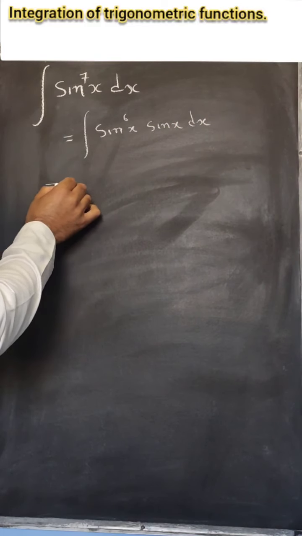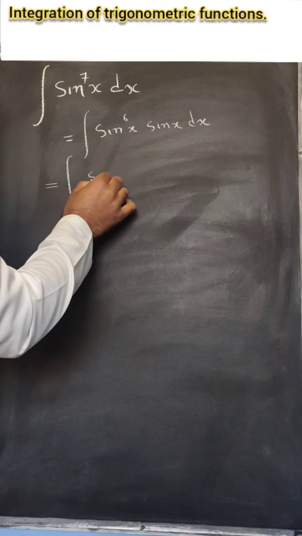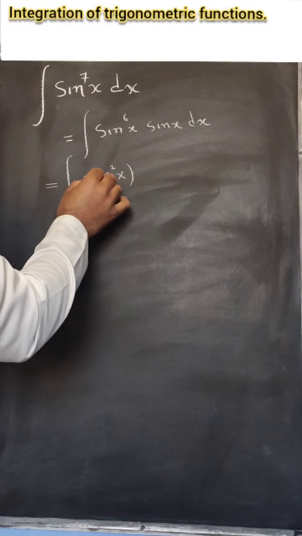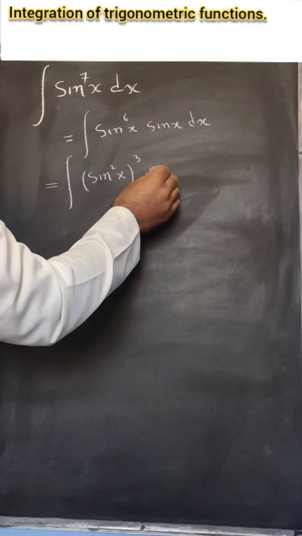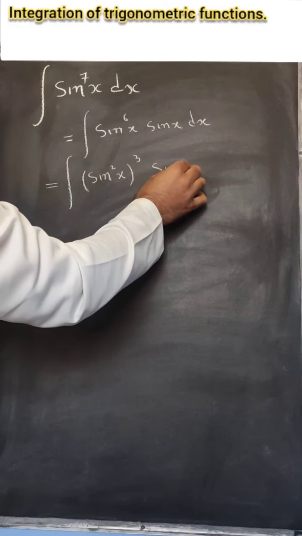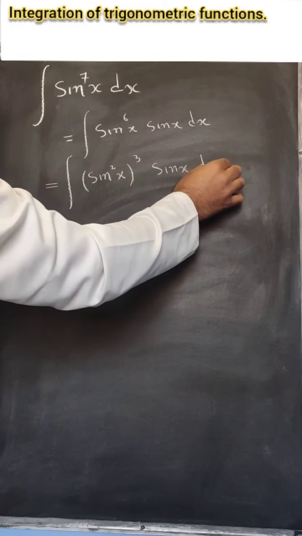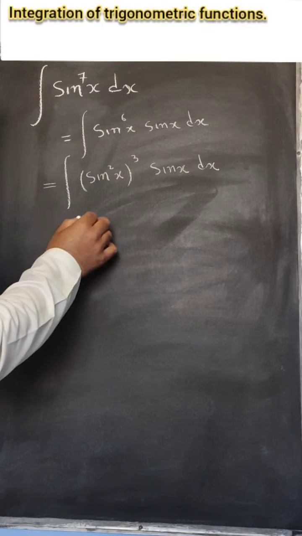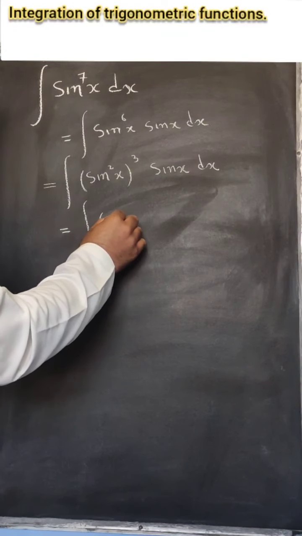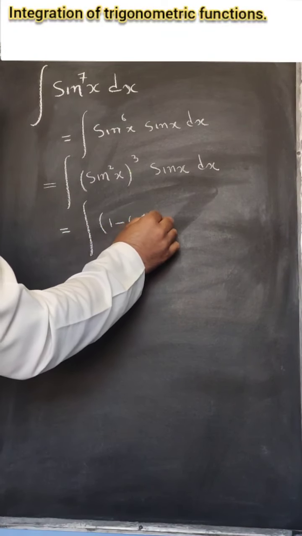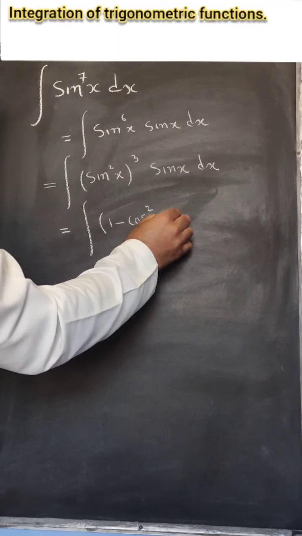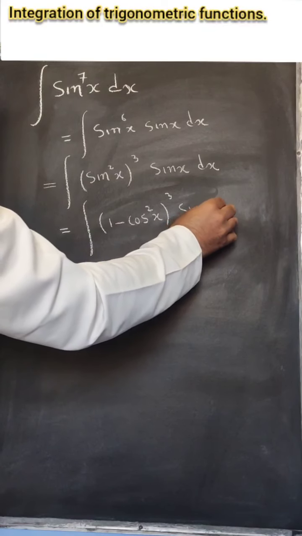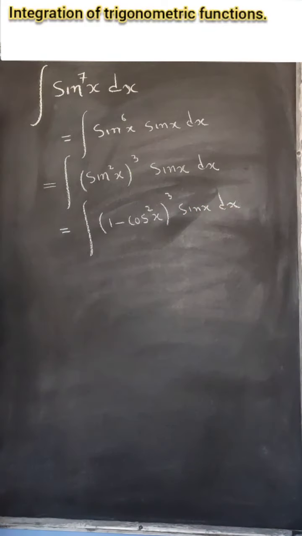or we can write it as integral sine square x raised to power 3 into sine x dx. Now instead of sine square x we can write 1 minus cosine square x. It is 1 minus cosine square x whole cube sine x dx.